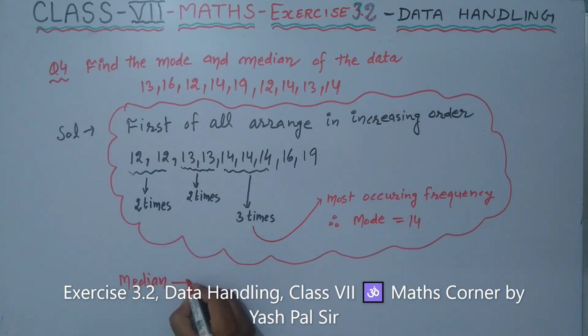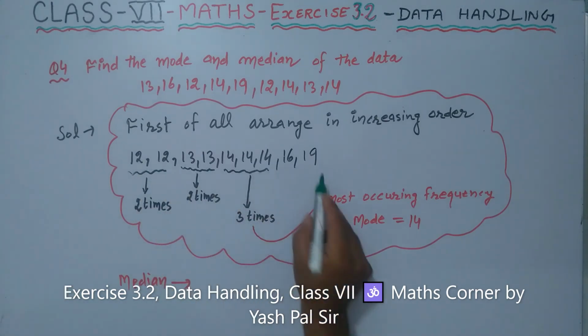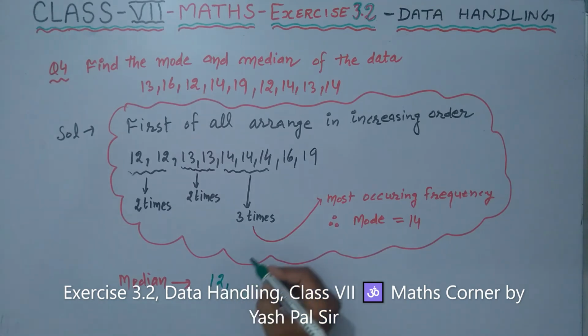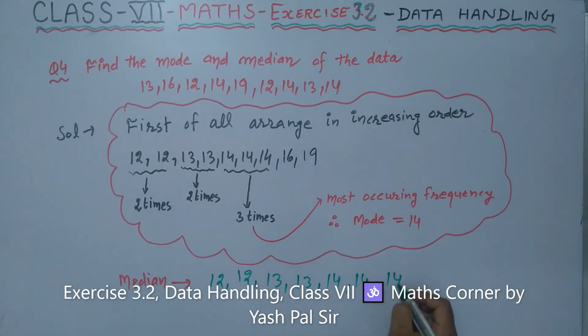For median, what do we do? First of all, again we write the terms in ascending order. 12, 12, 13, 13, 14, 14, 14, 16, 19. Okay. Now we proceed from the left side. One term, two term, three, up to 3. 4 terms are here to the left side. 4 terms are there to the right side.